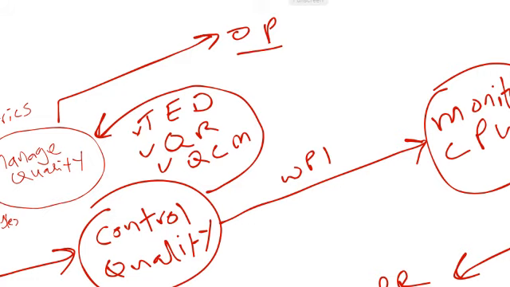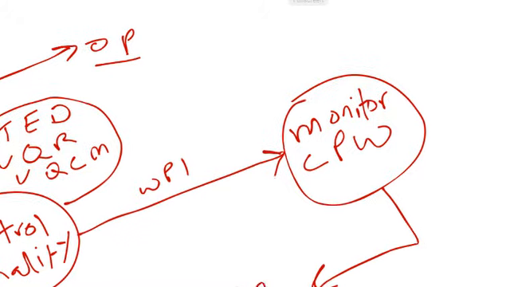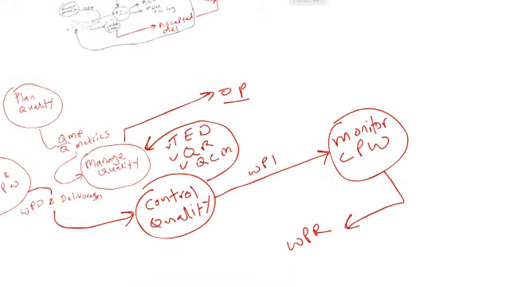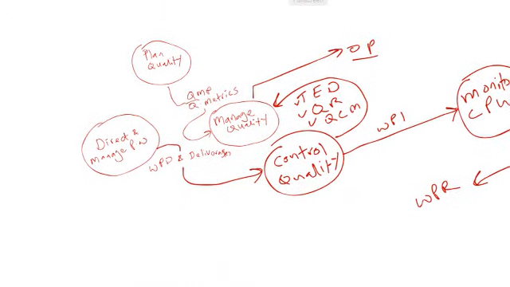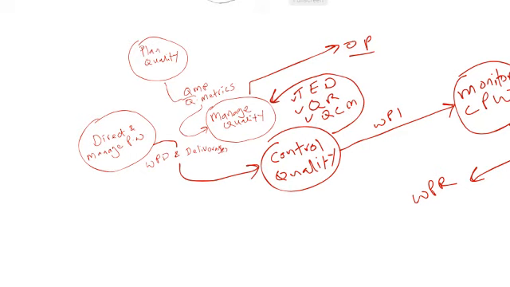Then from control quality, I can make this a bit smaller. So you see how it's coming together. From control quality, we have verified deliverables, going into validate scope.